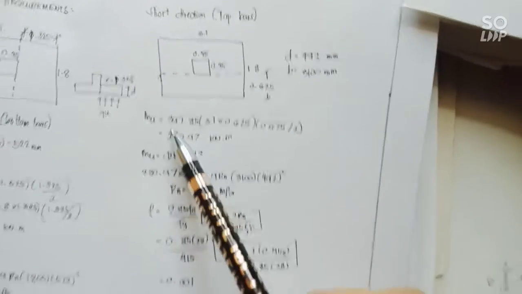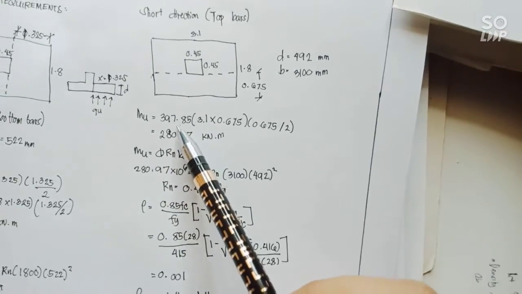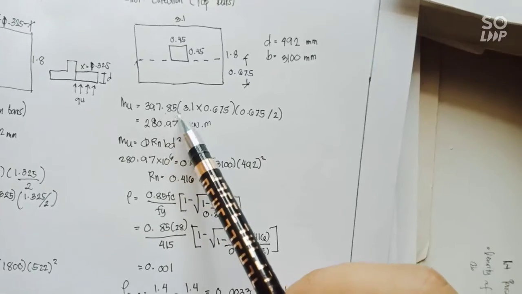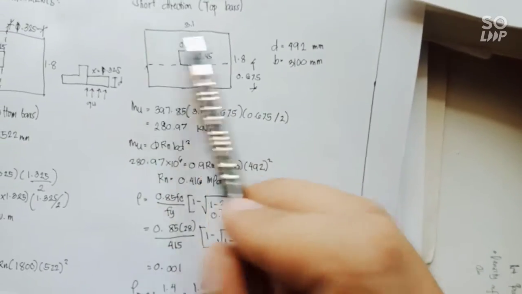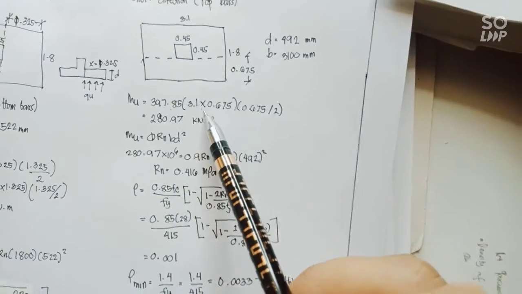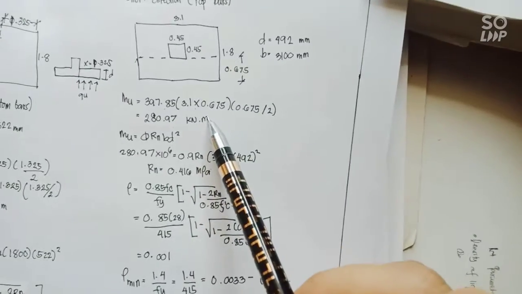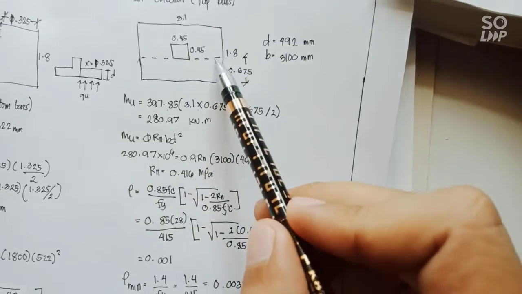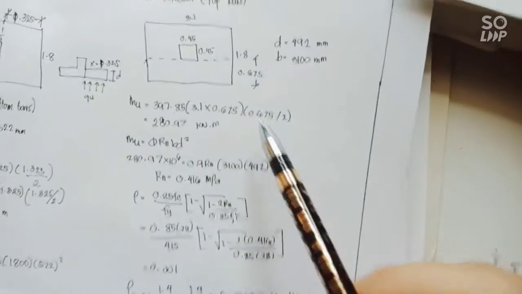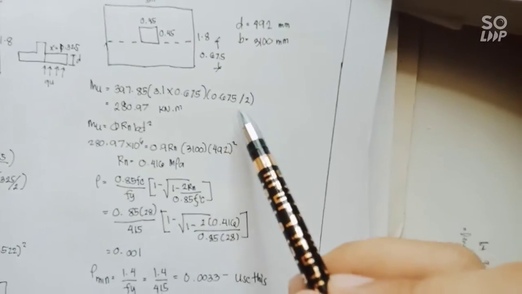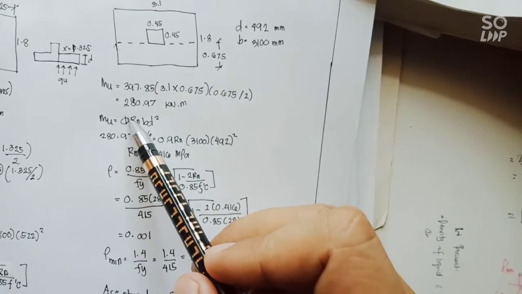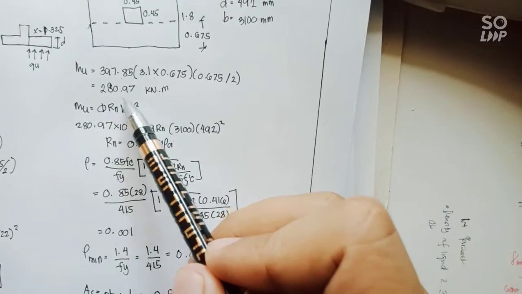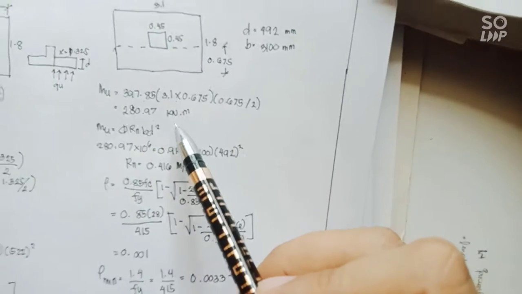Our Qu is 397.85 times the measurement from here, which is 3.1, times 0.675, the distance from here to here, times 0.675 over 2. So our maximum moment from all forces on a footing is 280.97 kilonewton meter.